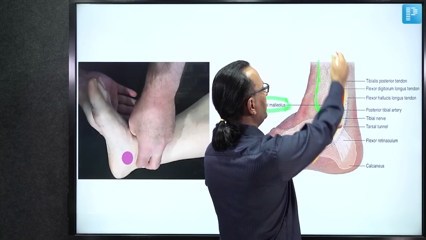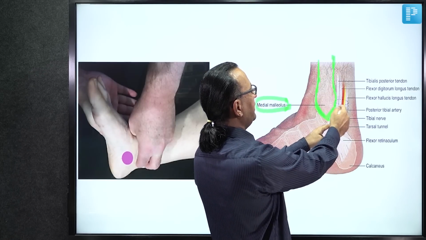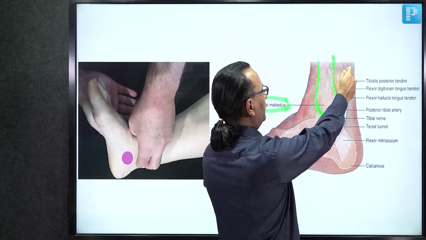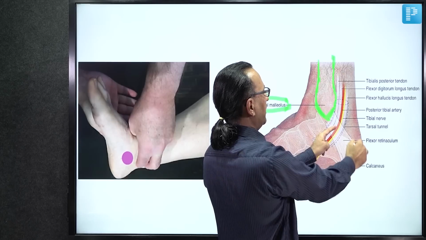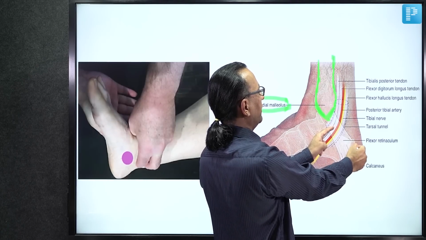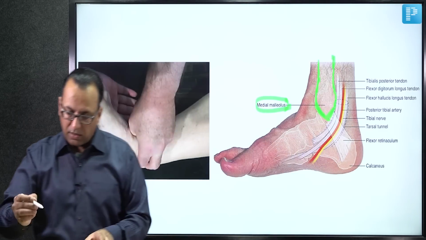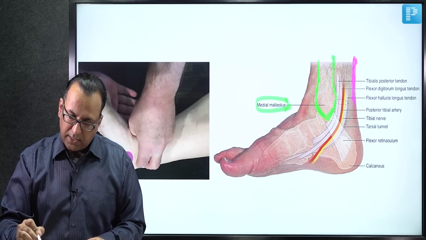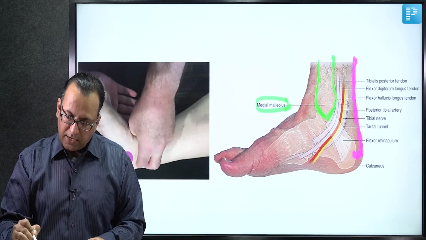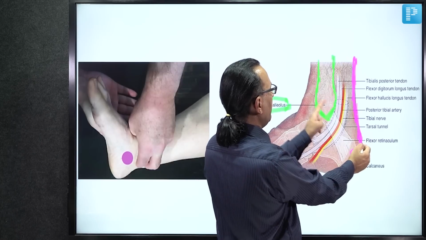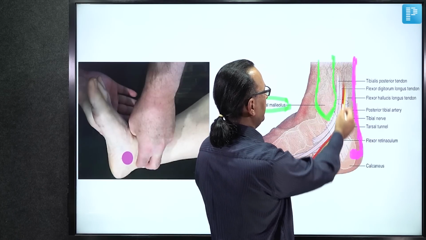We can take the pulse posterior to the medial malleolus and anterior to the triceps surae tendon or Achilles tendon, inserted on the calcaneum bone here. Lying between the tendo-Achilles and the medial malleolus is the posterior tibial artery.